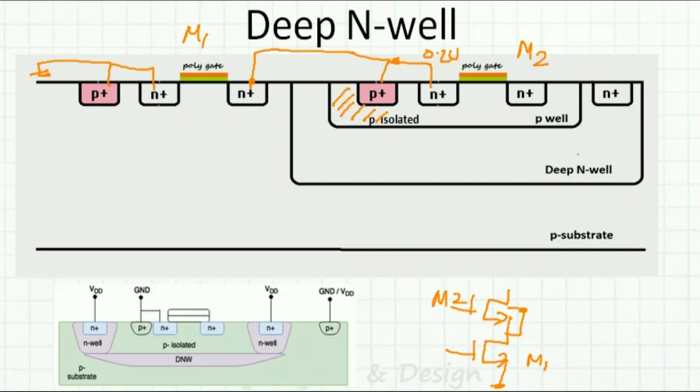This one is the isolated P substrate. This one is the common P substrate. This one is the isolated. So I can do it. This is the same deep Nwell concept. This one is the P minus substrate, and this portion inside here, the deep Nwell, is the isolated P substrate.